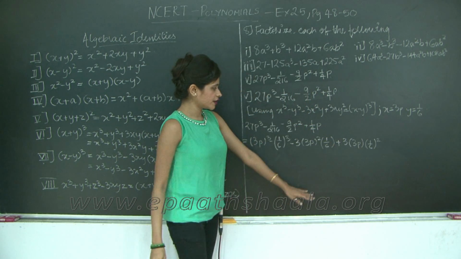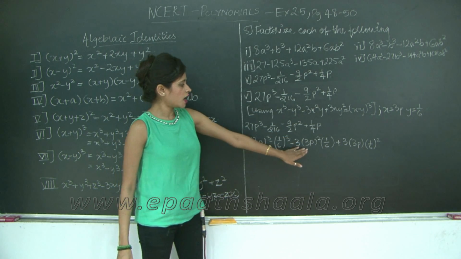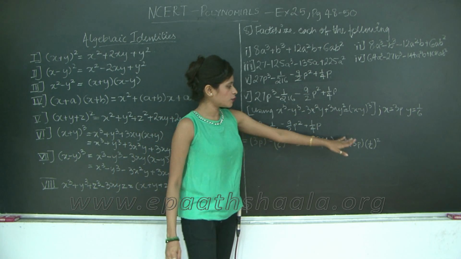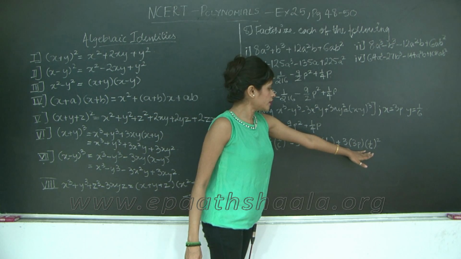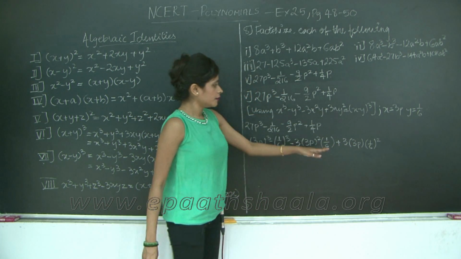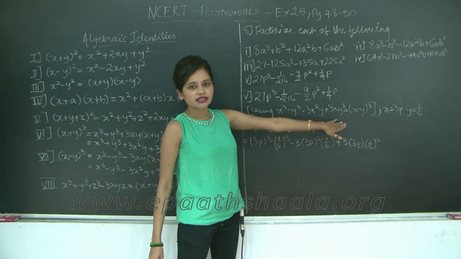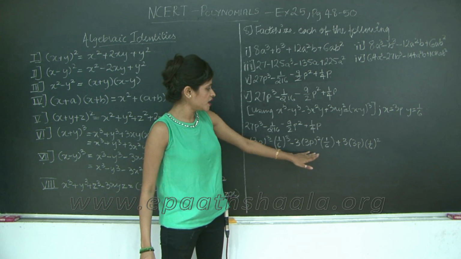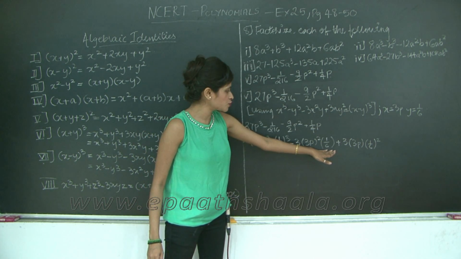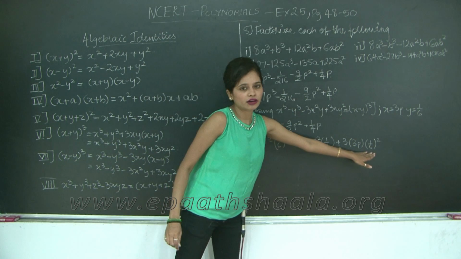Now you must be wondering how this can be 9 upon 2, and how this is 1 upon 4. We have written this as per the identity, but we will go ahead and verify whether this value is giving me 9 upon 2 p square and this value is giving me 1 upon 4 p.